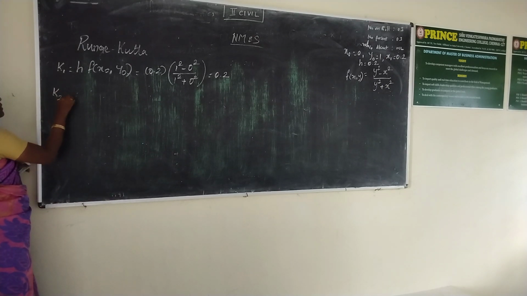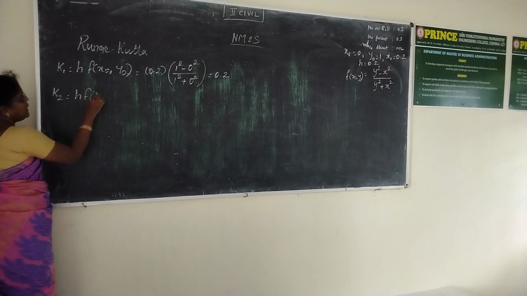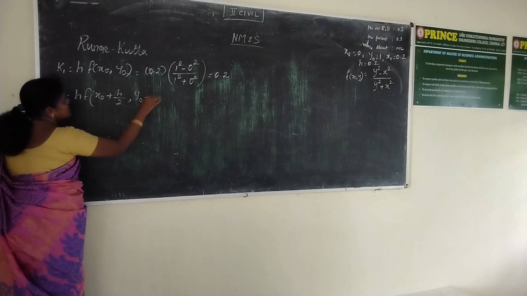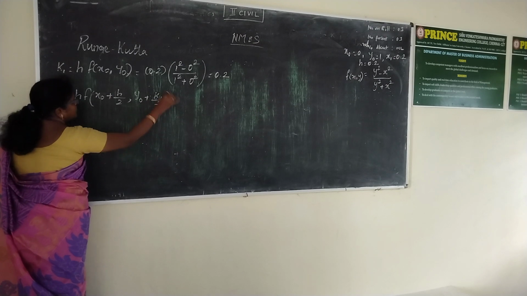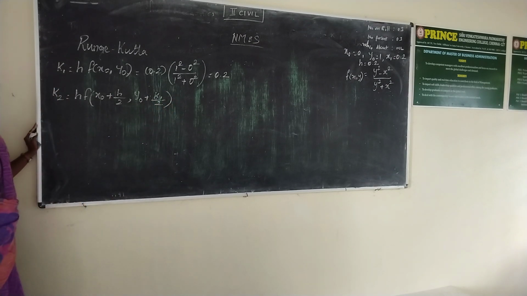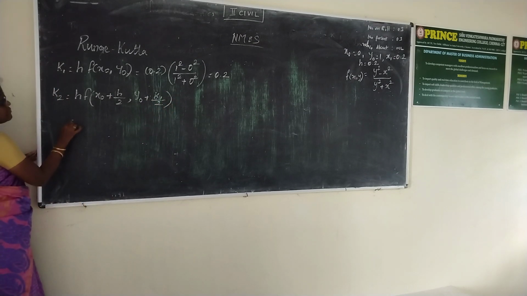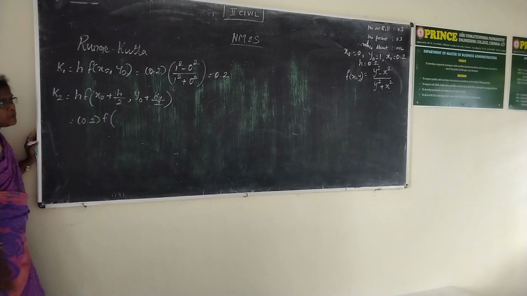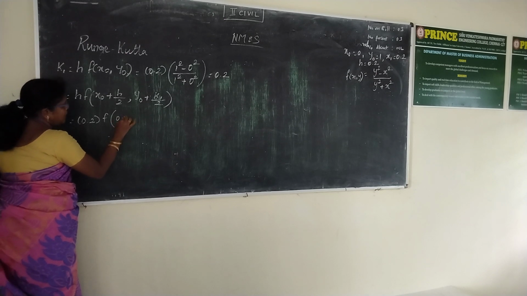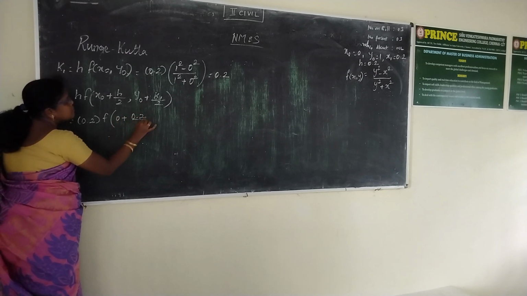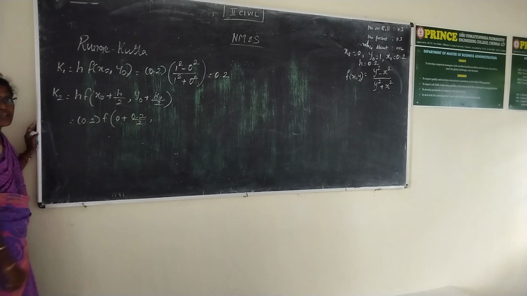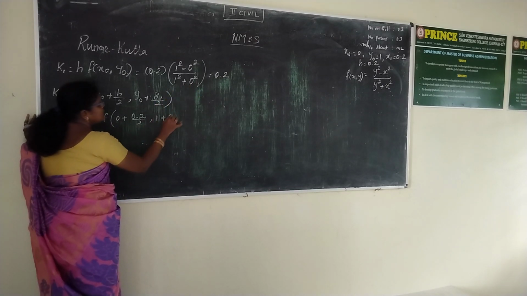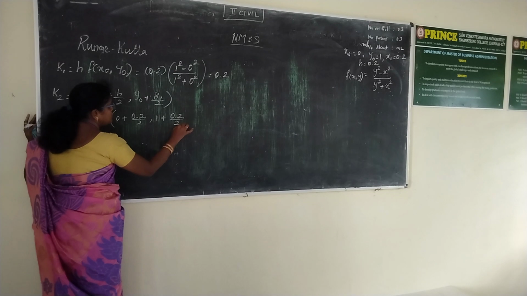K2 is h into f of x naught plus h by 2 comma y naught plus k1 by 2. Substitute values carefully. 0.2 into f of x naught value is 0 plus h value is 0.2 by 2, y naught is 1 plus k1, k1 value is 0.2 by 2.